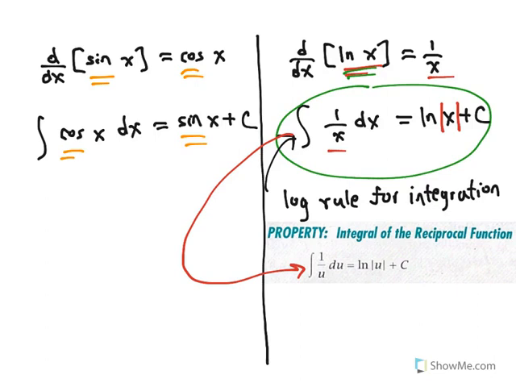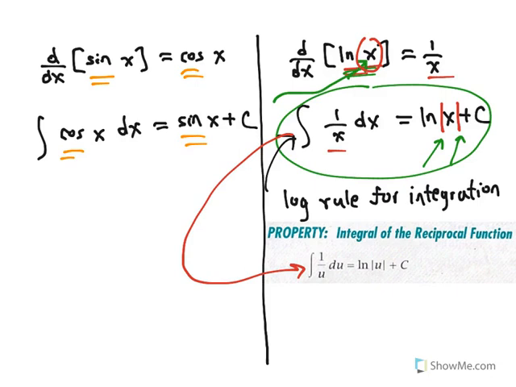Just to emphasize the fact that for the natural log function, the domain is input values that would make the argument greater than 0. And because we have the requirement that the argument of the natural log function be greater than 0, for that reason we have absolute value for the argument of the logarithm.